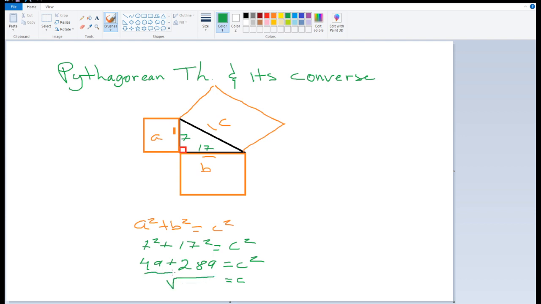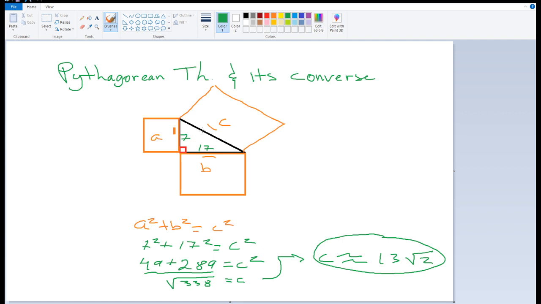So 289 plus 49 is 338, and that comes out to be, I'm doing this in my head, 13 root 2. That's in simplest radical form, and that would be the length of this hypotenuse here.